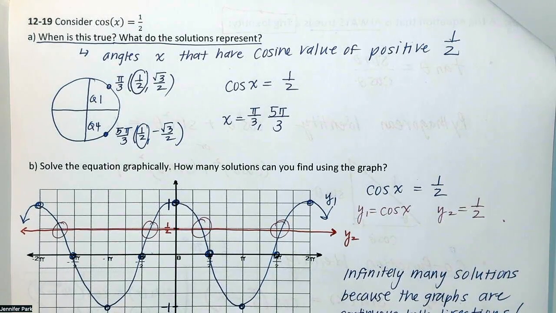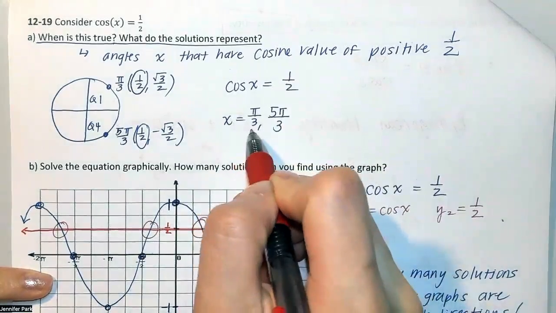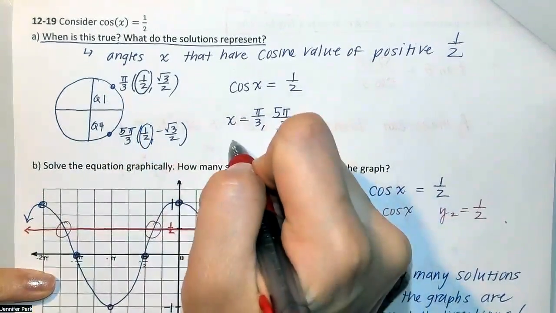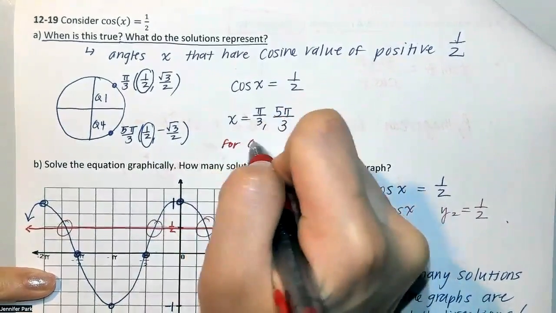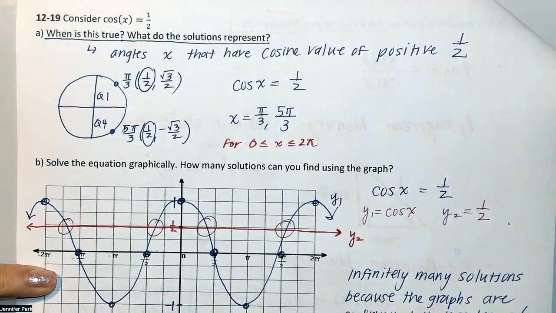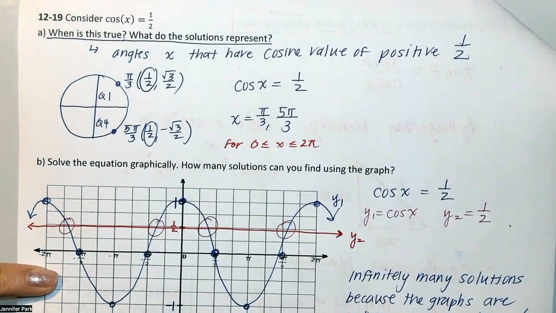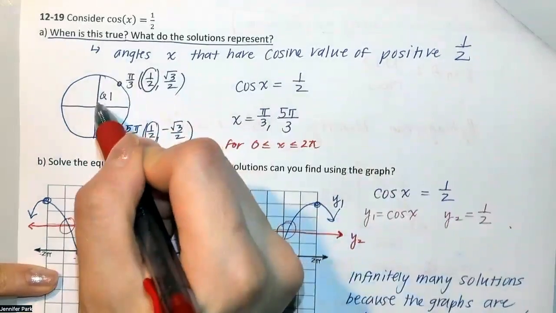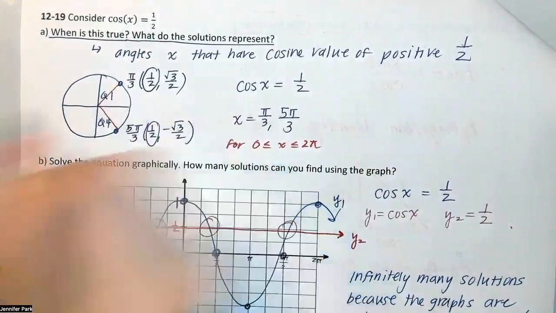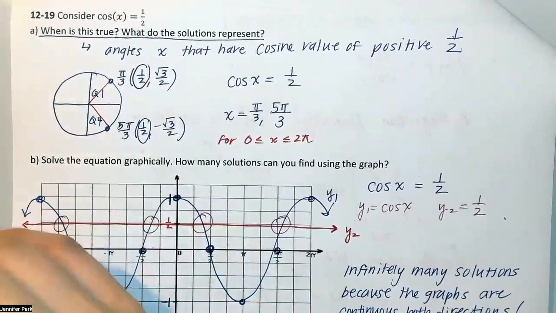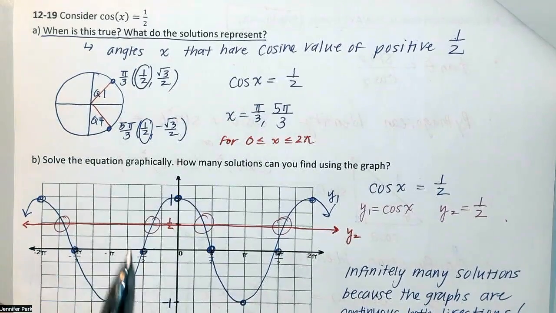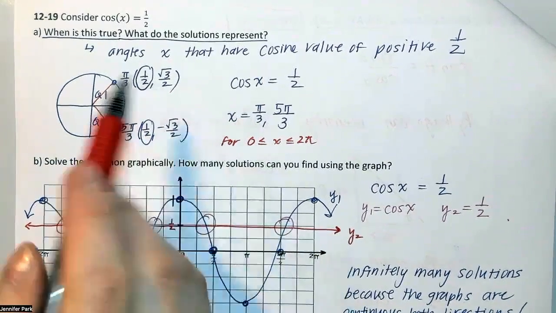But these are your two solutions for one unit circle between 0 to 2 pi. That's within one unit circle. However, think about this. You can go around the unit circle many, many times. You can go around the circle infinitely many times. So technically, there are going to be multiple solutions.